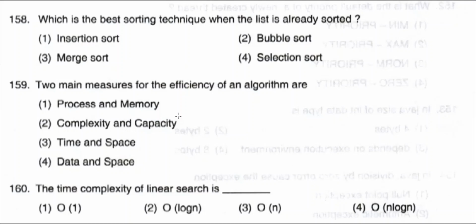Fourth one is selection sort. In case of selection sort, it is the same as bubble sort. Here we find the smallest element first and place it into the first position, so it also takes the longest time. So the best sorting technique when the list is already sorted is the insertion sort. First answer is the right answer.